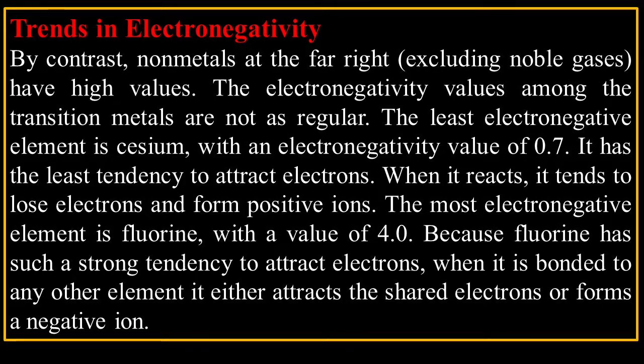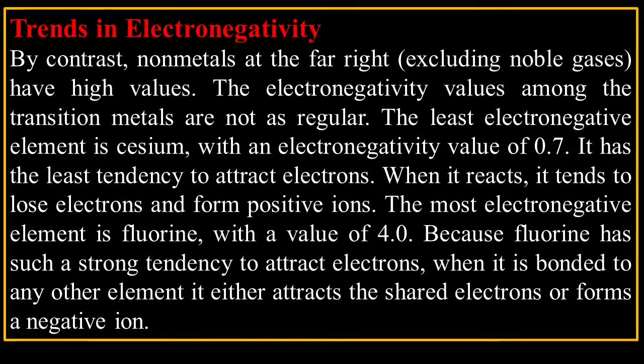The electronegativity values among the transition metals are not as regular. The least electronegative element is cesium, with an electronegativity of 0.7. It has the least tendency to attract electrons or bonded electrons. When it reacts, it tends to lose electrons and form positive ions.